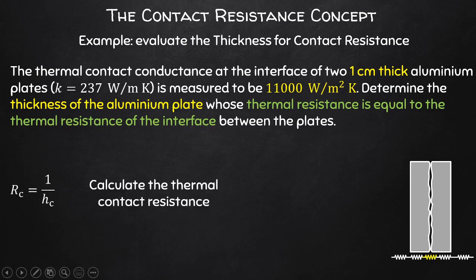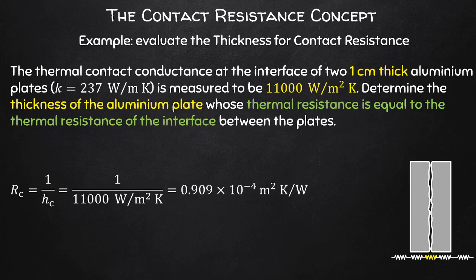So by definition, the resistance across the gap is given to us as 1 over Hc, right, which we can then calculate to be 0.909 times 10 to the negative 4 meter squared Kelvin per watt. Okay, so remember your units. The resistance can have different units depending on whether you are given the area through which heat is being transferred or not.